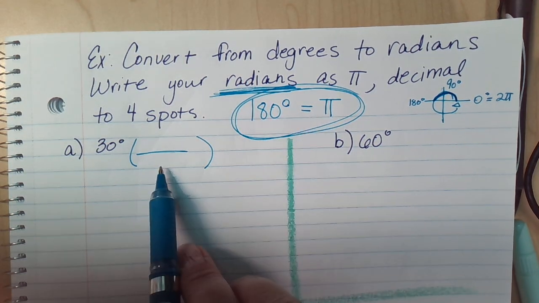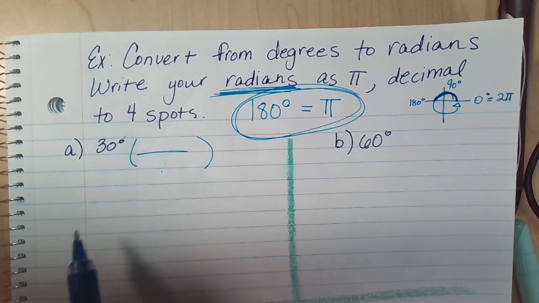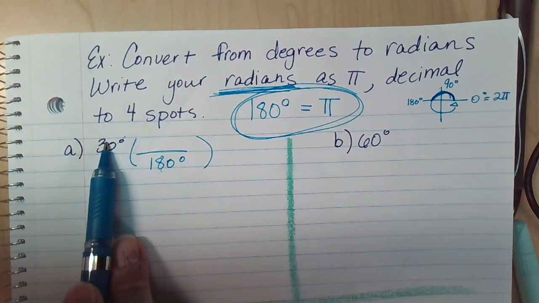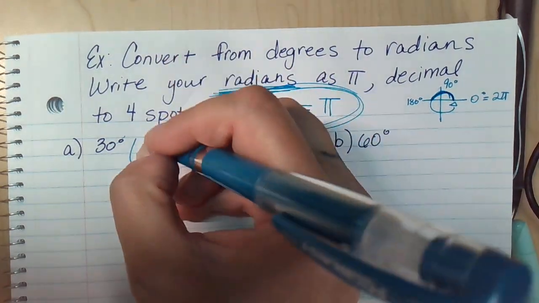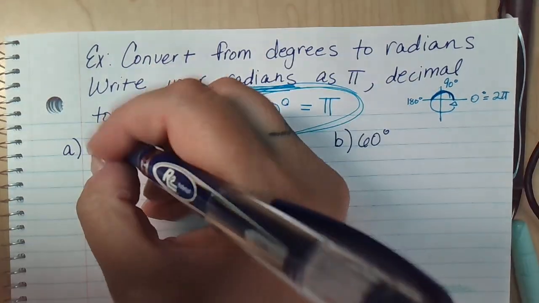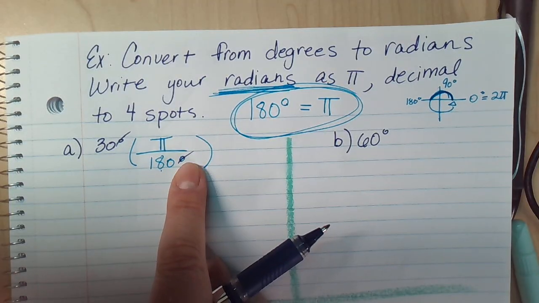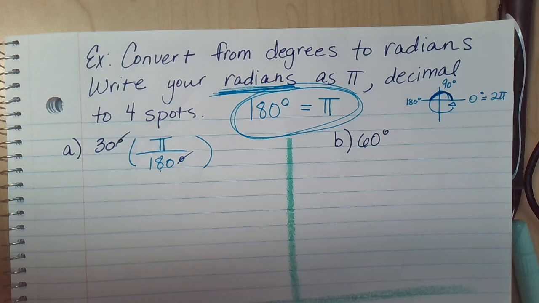So I'm not going to put pi down below because the little degree symbol won't cancel. I'm going to put 180 down below. See 180 degrees? And it's equivalent to pi. And then let's see what happens. The degrees cancel out, and we just have to figure out what 30 over 180 is.